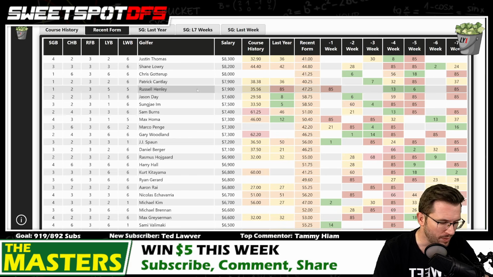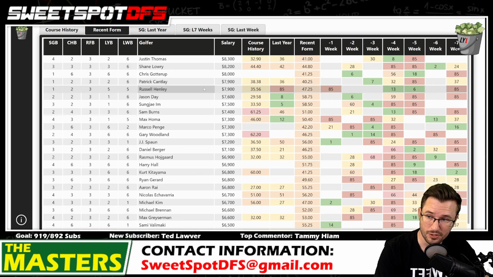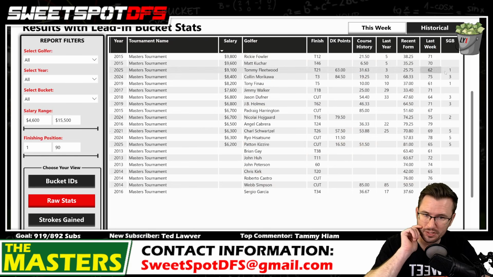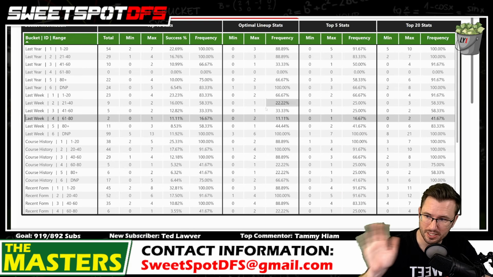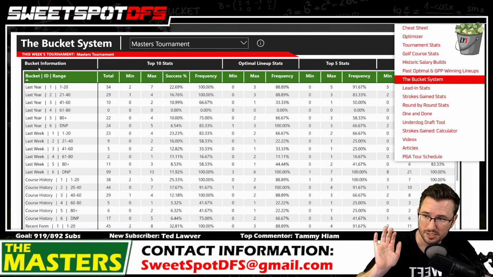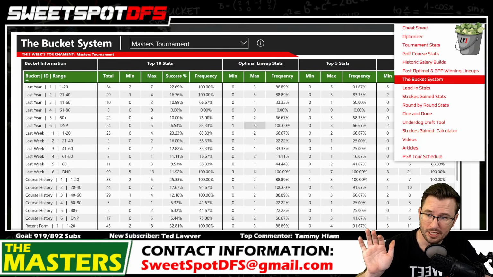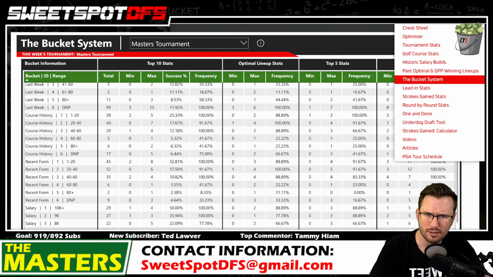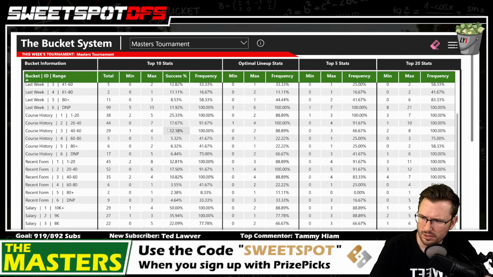But I also have to remember, the bucket system's very successful at determining these projections. So I have to feel like one of these guys is going to finish inside the top 10. Let's give ourselves a little bit more comfort. This is what this bucket system is meant to do. The bucket system on the website should give you a little more comfortability.